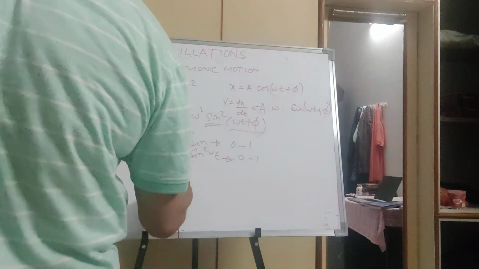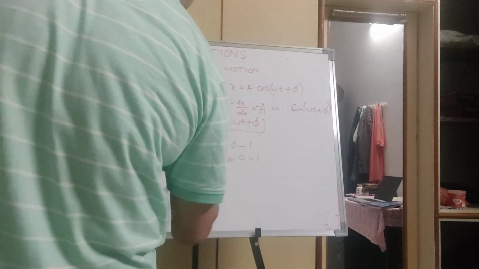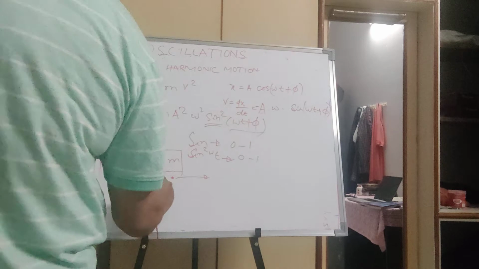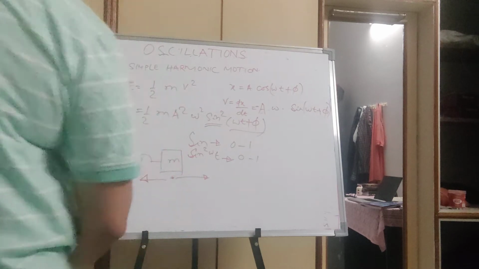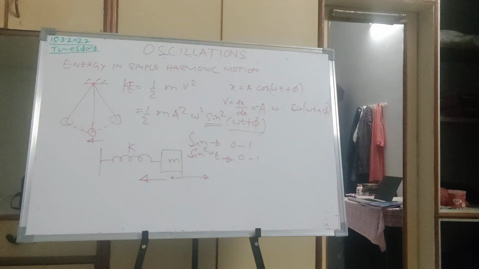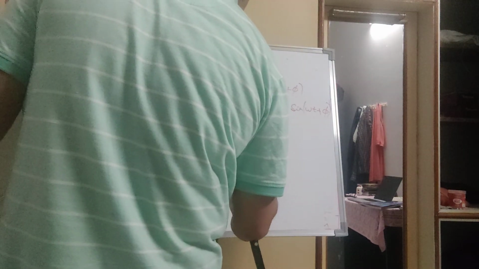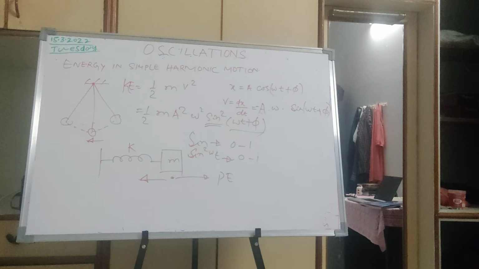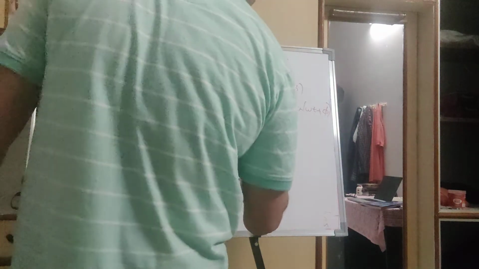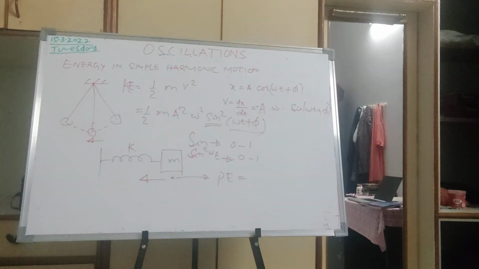When you disturb this spring, it moves from the mean position and goes back toward the mean position. So this is kinetic energy. Then potential energy is nothing but the work done. Work done will get stored as potential energy.